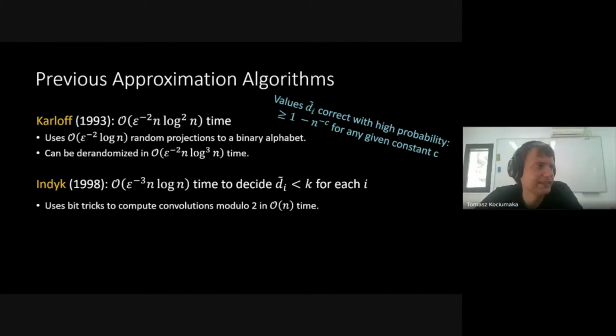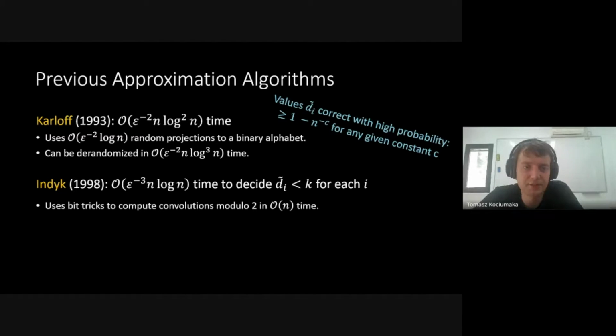So the first of those is Indyk from 1998, and he considered the decision version of the problem. Now the output is relaxed, so that instead of computing the approximate Hamming distance, we just need to check whether the Hamming distance is approximately smaller than k or approximately larger than k for some threshold k. And approximately means that for distances which are roughly k, between 1 minus epsilon times k and 1 plus epsilon times k, the answer can be arbitrary.